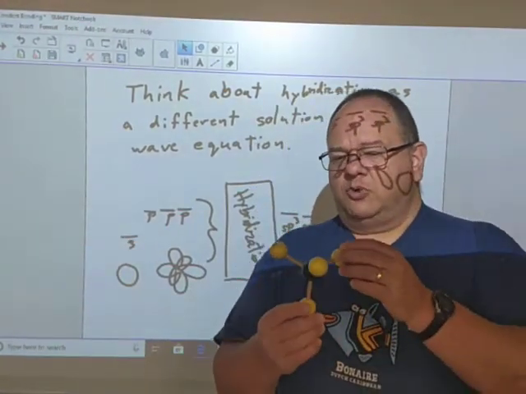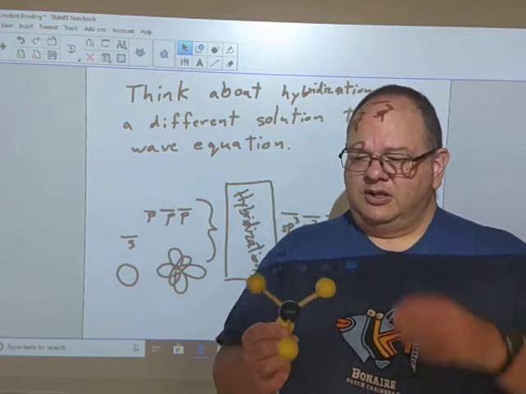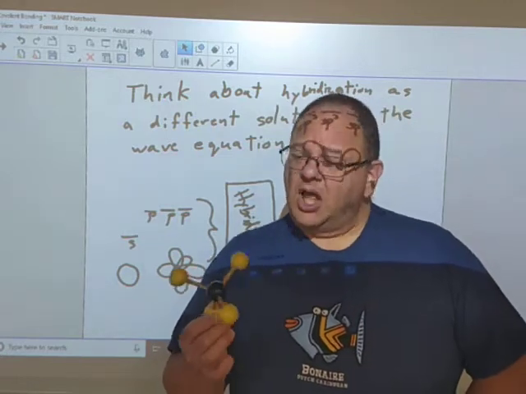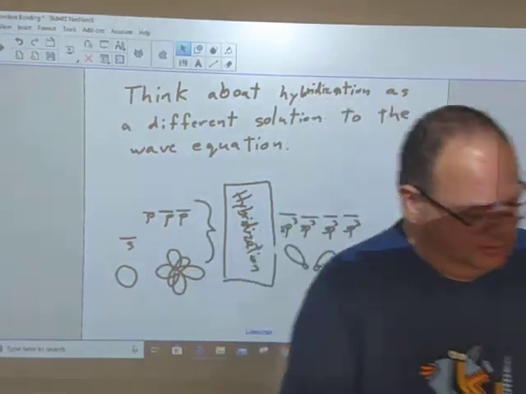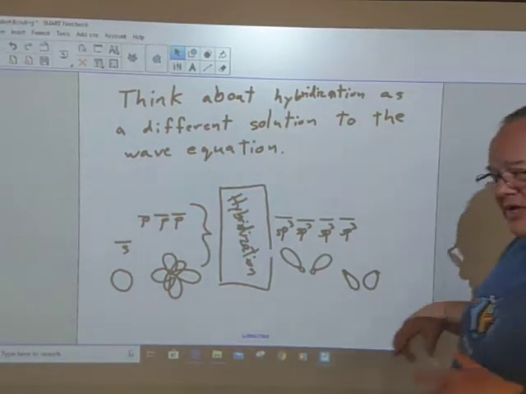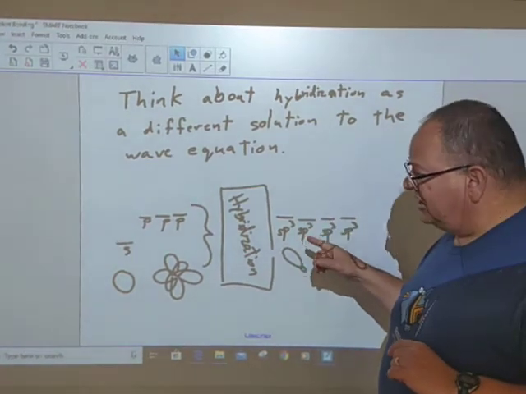Those 4 lobes would want to point as far apart from each other as possible. They don't want to overlap with each other because they're regions of space containing electrons. So our most common form of hybridization is going to be sp3 hybridization.